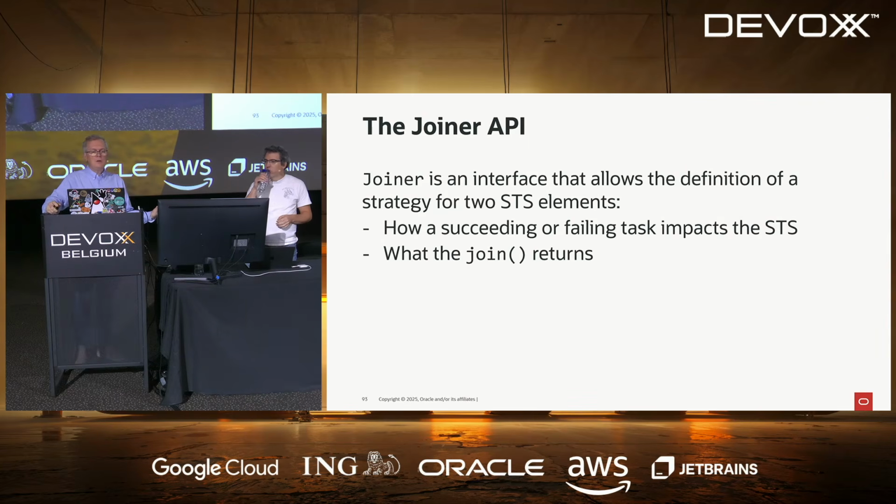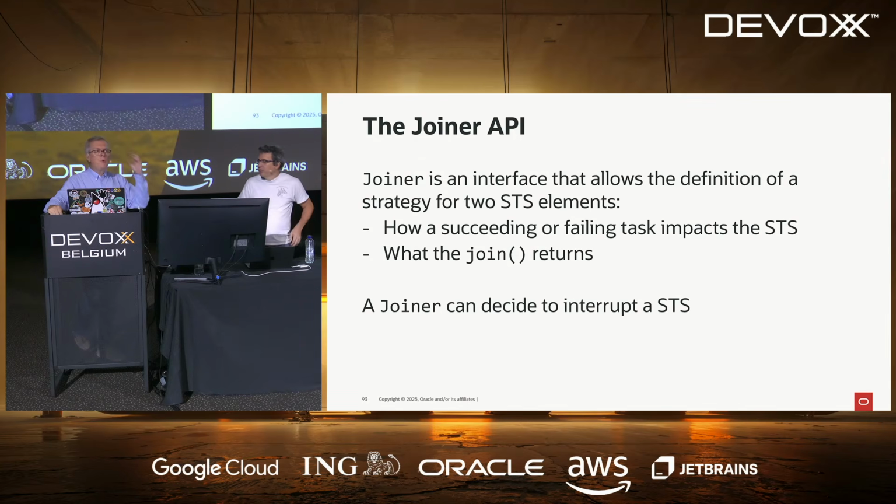This kind of thing, you can all define it. And you can also decide to actually interrupt a scope while there are virtual threads that are running. So you can do two things. First, decide on the strategy to cancel a scope if you want, or let it run until all the tasks are done, and decide on how to create a result from this scope.